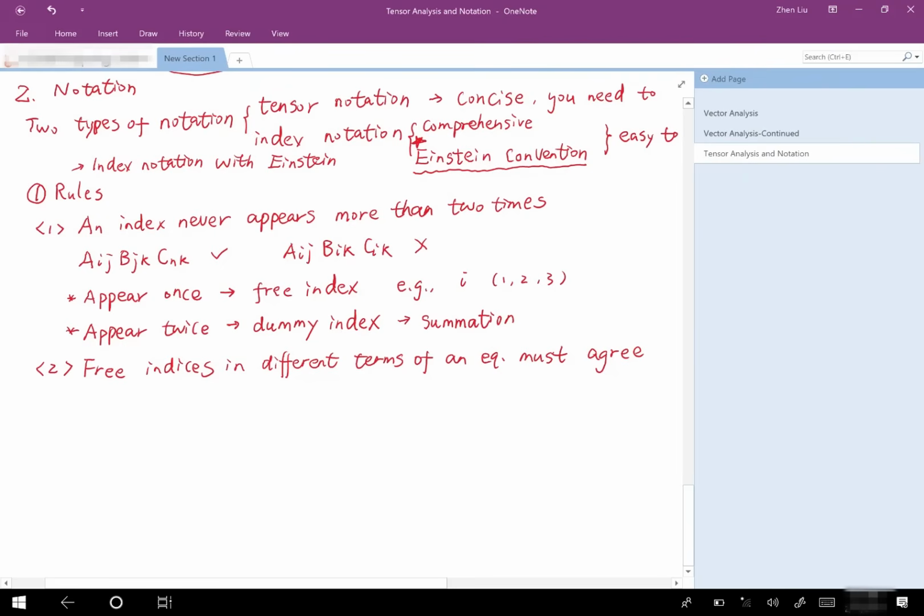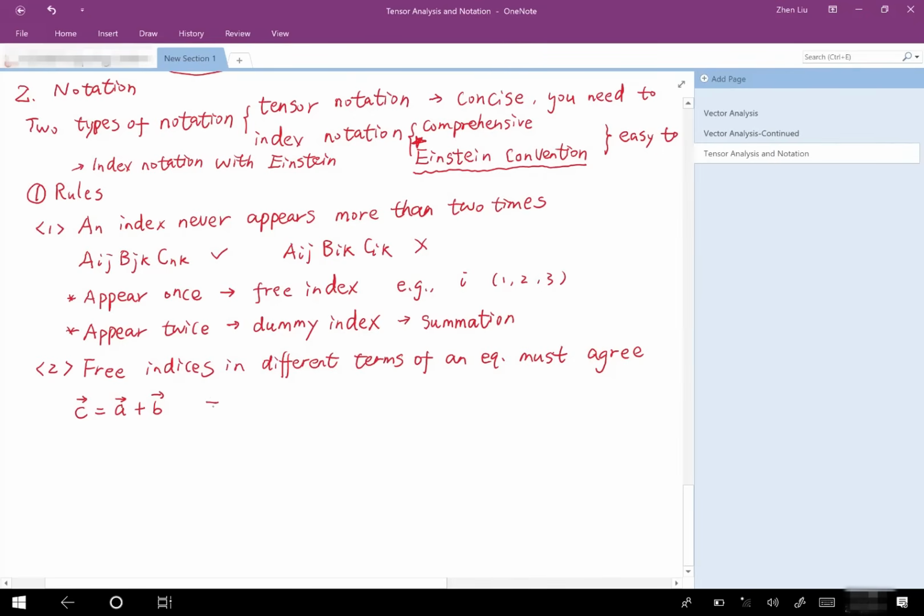For example, if we want to write down that a vector C equals a vector A plus B, then because here we have a vector, we should have one index or one subscript, right?